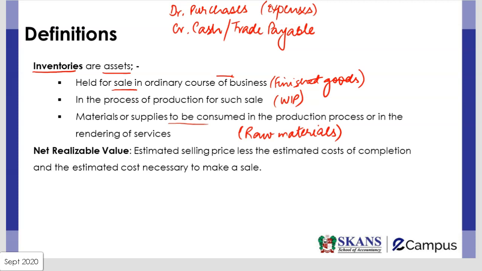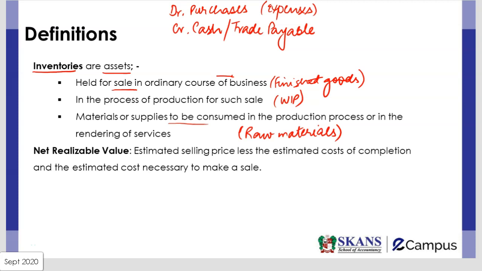So on that date, the purchases that are still unsold on our reporting date, they are recorded as assets and they are called inventories. Other than that, there are different ways in which inventories are valued internally. It can be on a period basis or it can be on a continuous basis that we are going to discuss later.